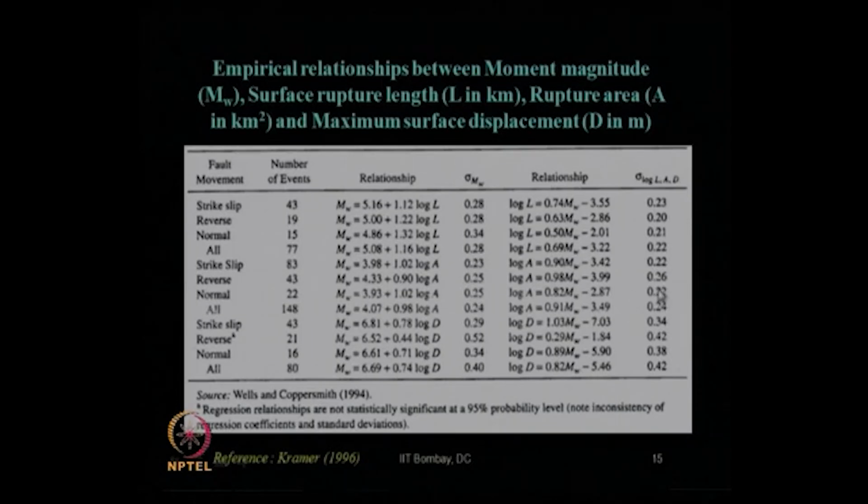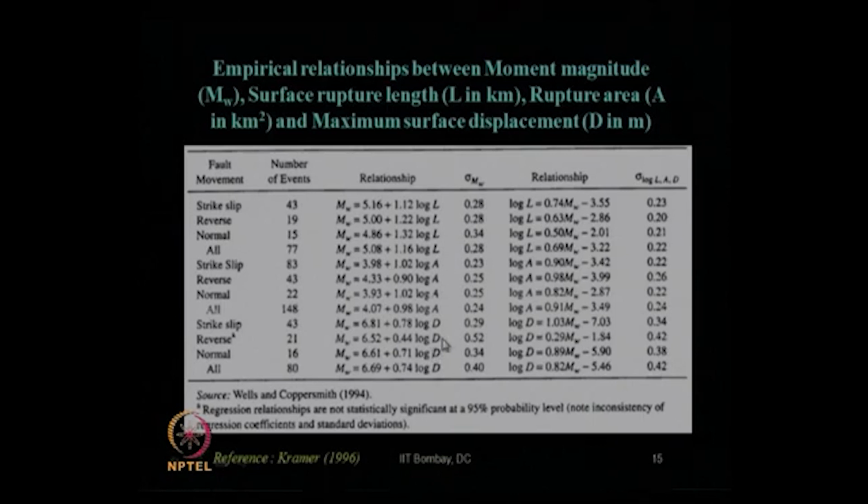It is clearly shown whether you consider the standard deviation of MW in normal scale or the standard deviation of the log of either length or area or slip in log scale. So in both cases, we found the equations in terms of surface rupture area of the fault in kilometer square are the best fit compared to length and displacement.